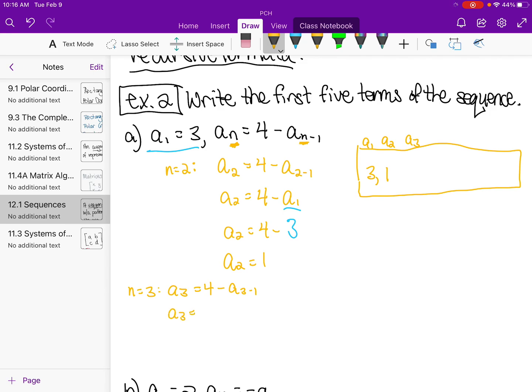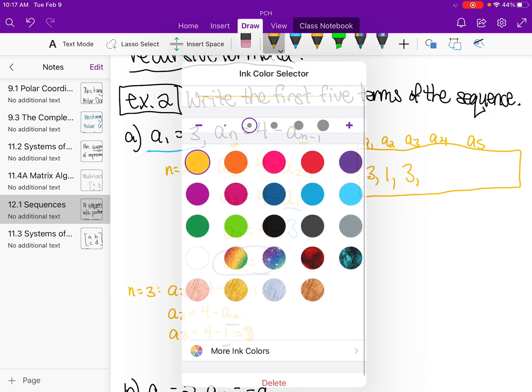So a3 is 4 minus 1, which is 3. Sorry, that's an ugly 3, but that's a 3. So I took this a sub 2 and plugged it in right here, and I got 4 minus 1 is 3. Let's see if we can be a little more efficient for the next.